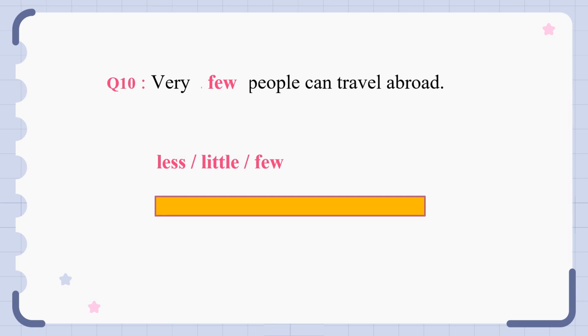Why? Because few is used for countable nouns, such as friends or people. Remember, people is the plural of one person. Little is for uncountable things but with positive quantity. And less is used for uncountable things, but have no plural, for instance, less money or less sugar.